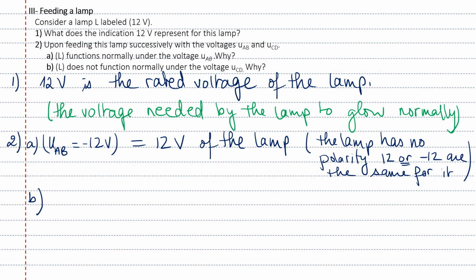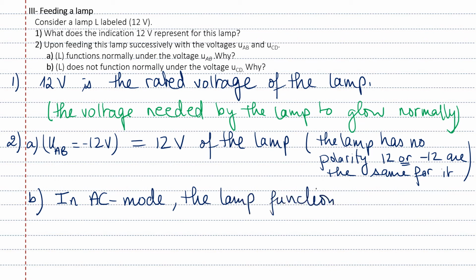Now, it does not function normally under voltage UCD because simply, in AC mode, the lamp functions according to an effective value, the U effective voltage.